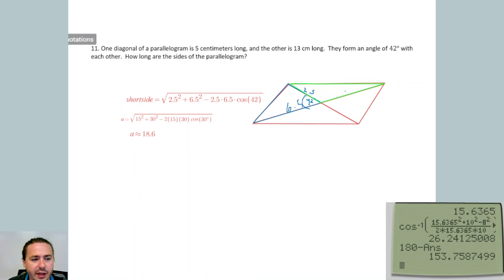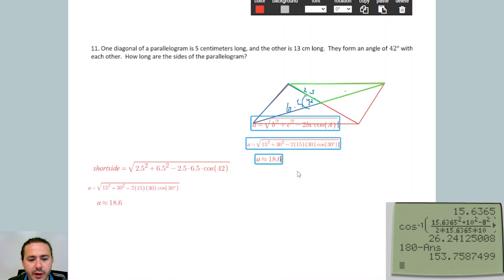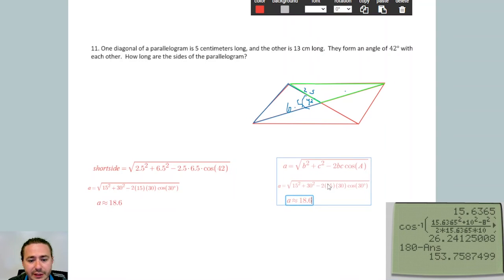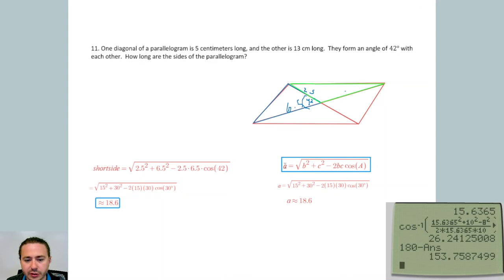To get the long side, we will solve a similar law of cosines, but the angle measure is not explicitly given, so we have to make sure that we actually write it correctly. So the long side is going to be 6.5 squared plus 2.5 squared. Again, it's the same as the last one. Doesn't really matter the order here. I think I might switch it up though, just so you can see that it doesn't matter.